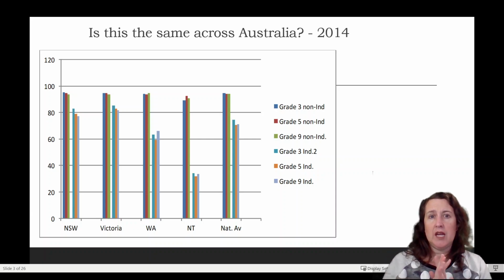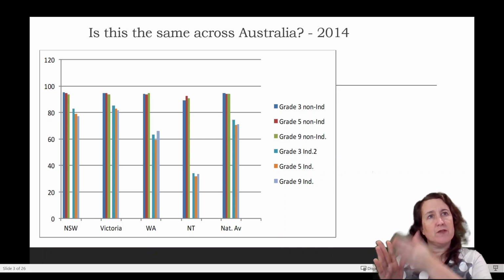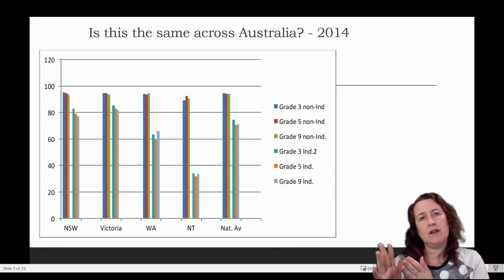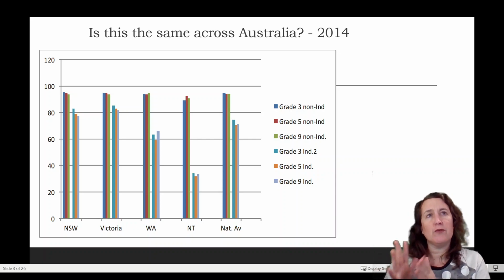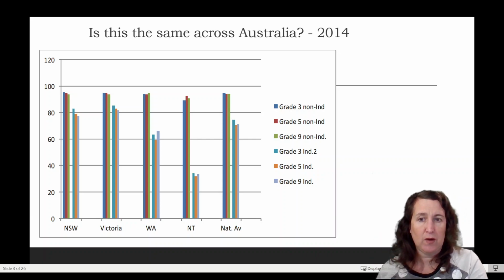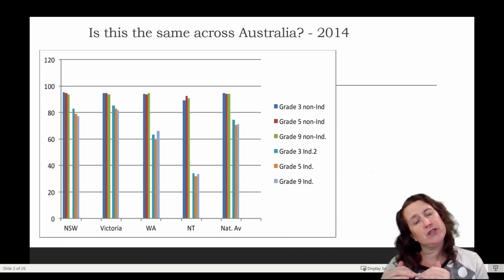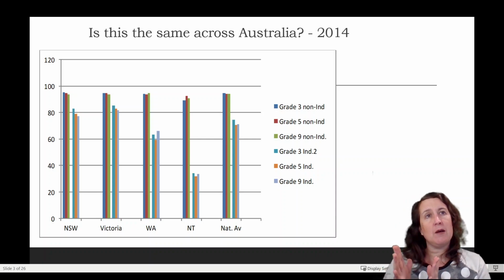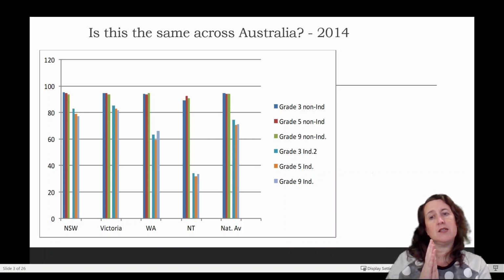The first three bars on each of the bar graphs represent Year 3, Year 5 and Year 9 of non-Indigenous students, and the second three in each group represent the results of Indigenous students. So we can see that across all of the 4 states in Australia that are represented here on the graph, non-Indigenous students are meeting the minimum standards at a higher percentage than their Indigenous counterparts.